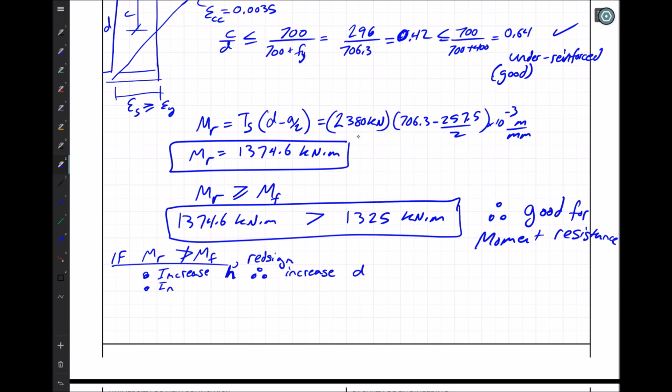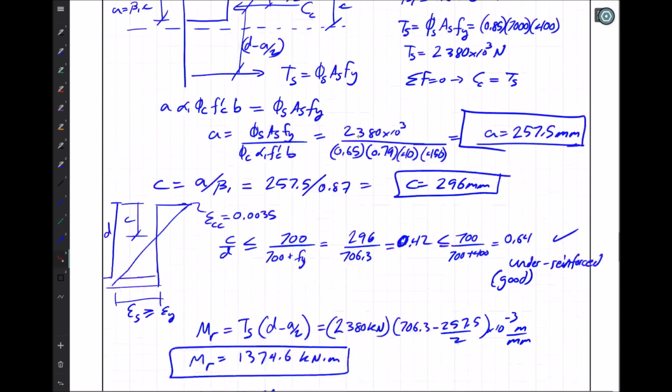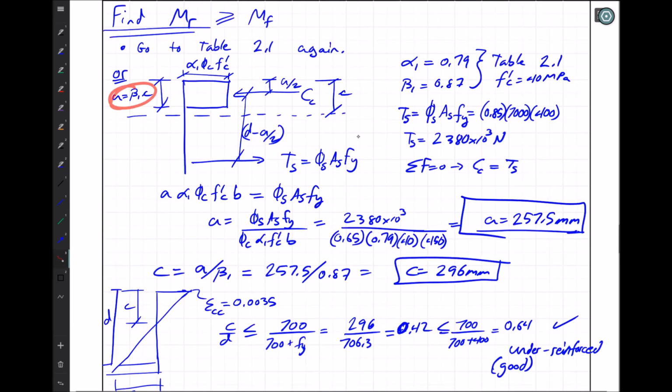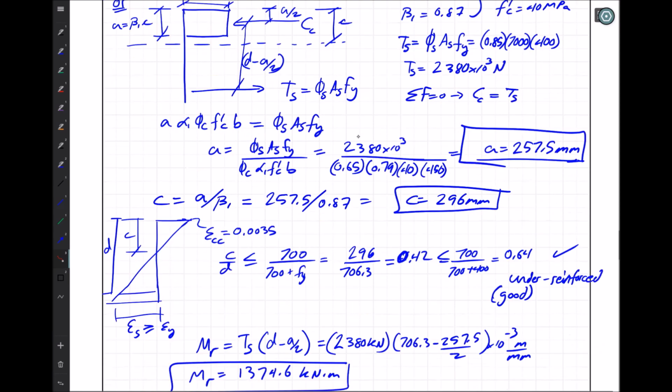We can increase b, and in doing so we would have more concrete in compression, and so we would change the value of c, and that would give us a slight benefit, but not very much necessarily. So let me just go back briefly to what that would do here. Increasing b would make this value here go a little bit higher, which would move a over 2 a little bit higher, so d minus a over 2 changes a bit.